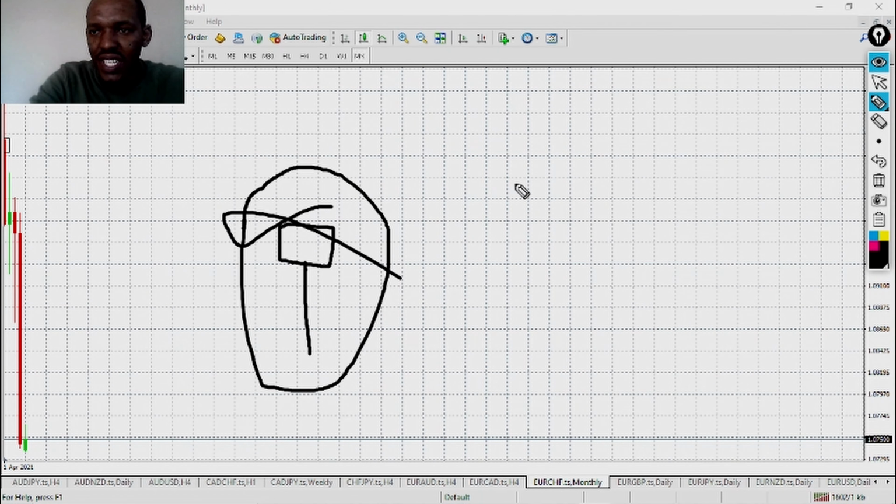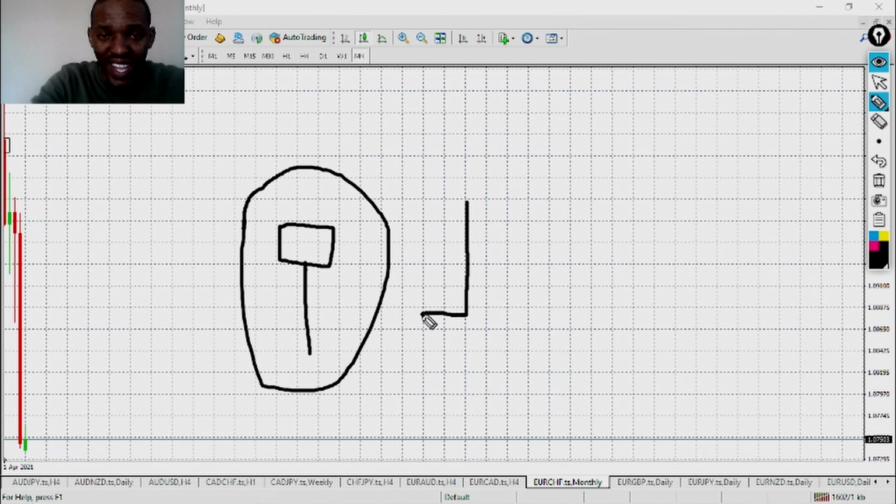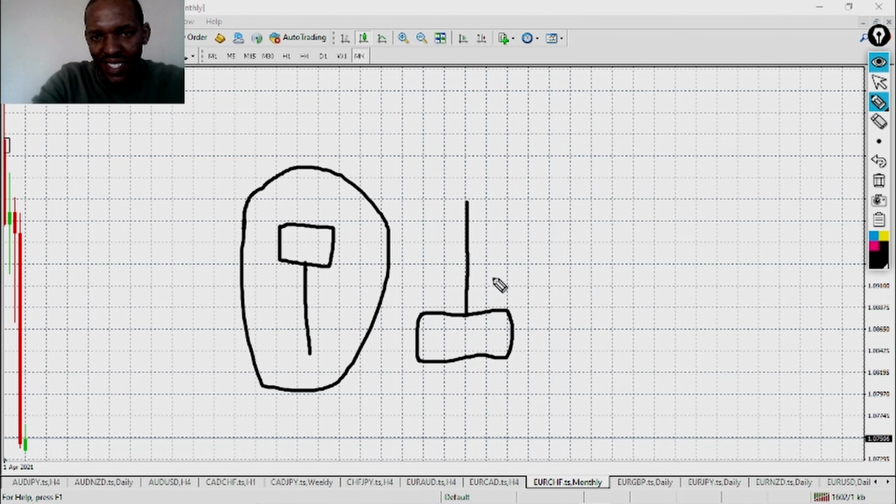So right here, when you see this candle, you start looking for your buys. And then we have a shooting star, the opposite of a hammer. When you see this one, you look for opportunities to sell, which means when you see this wick here, buyers took control of the market, but they never closed the candle.